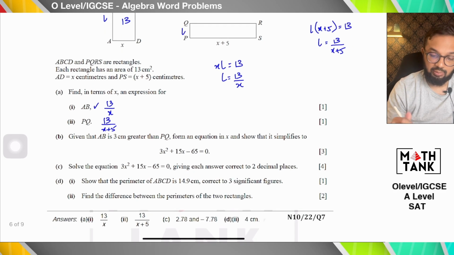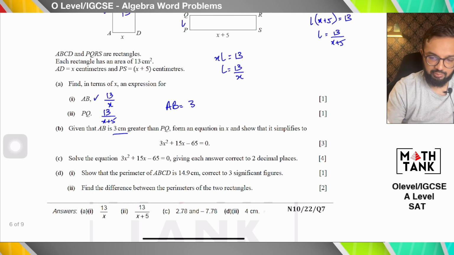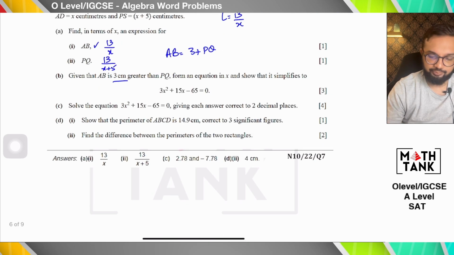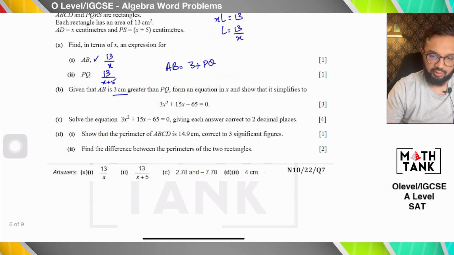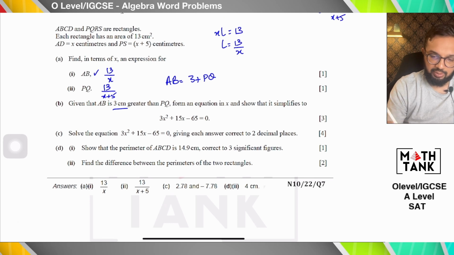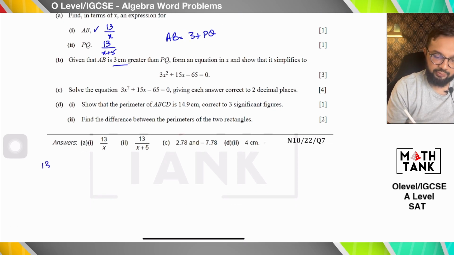Given that AB is 3 centimeters greater than PQ, so AB is 3 plus PQ. So AB is 13 over x equals 3 plus 13 over x plus 5.